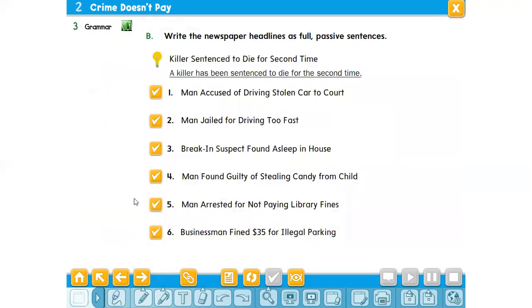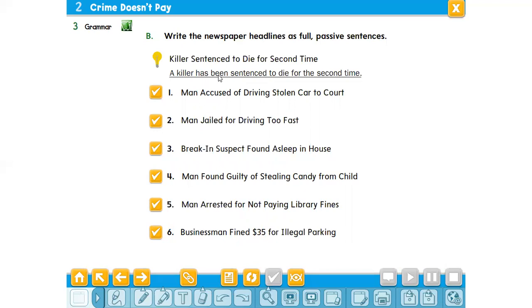The next exercise, number B, write the newspaper headlines as full passive sentences. Killer sentenced to die for second time. A killer has been sentenced.